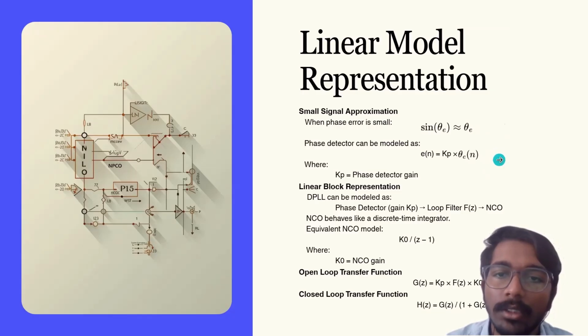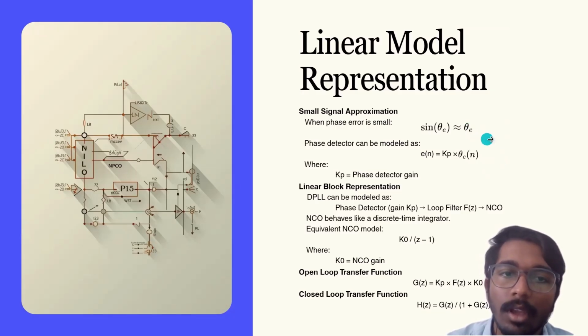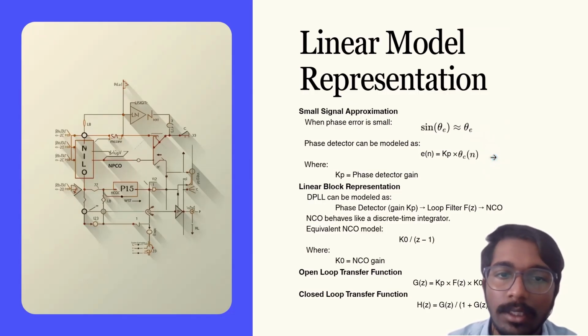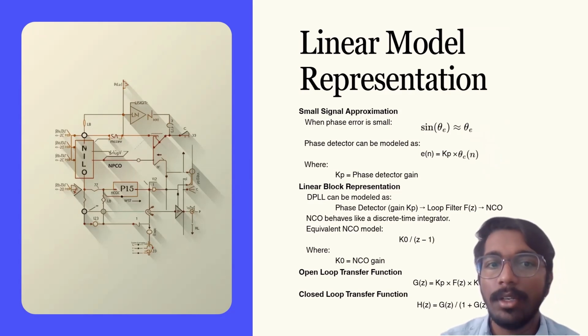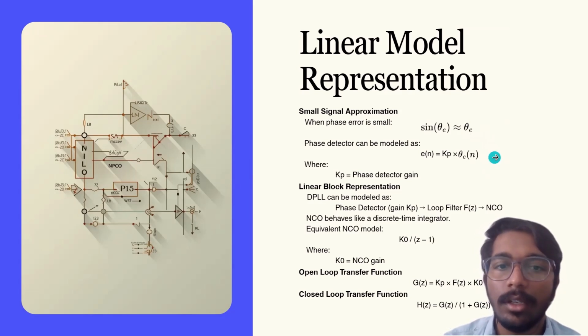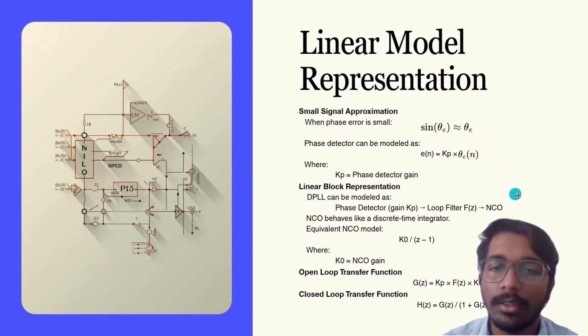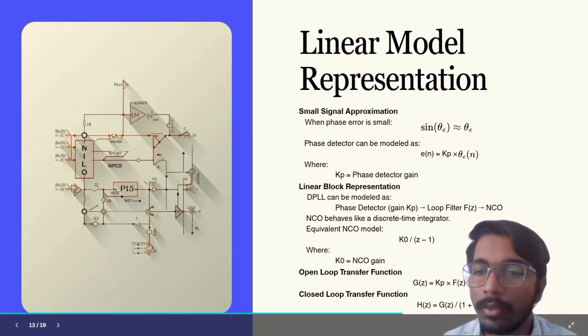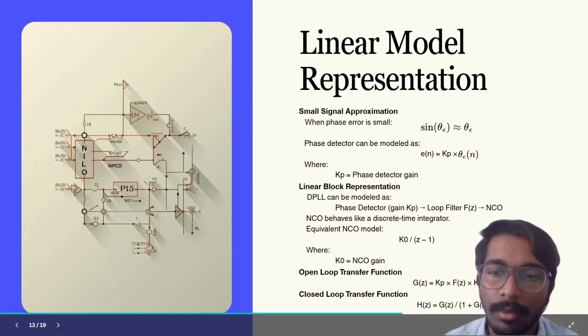This allows us to represent the phase detector as a simple gain block. In the linear model, the phase detector is represented by a gain constant, and the loop filter by its transfer function. The NCO behaves like a discrete time integrator. By using the linear representation, we can derive the open loop and closed loop transfer functions of the system as follows.